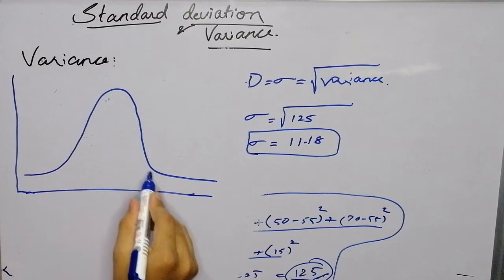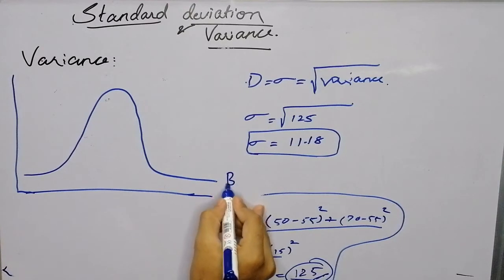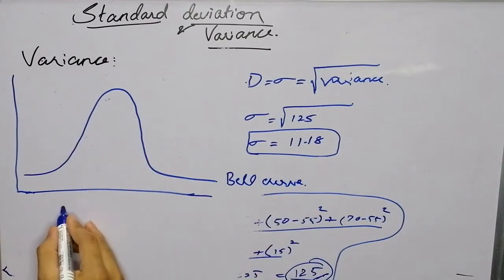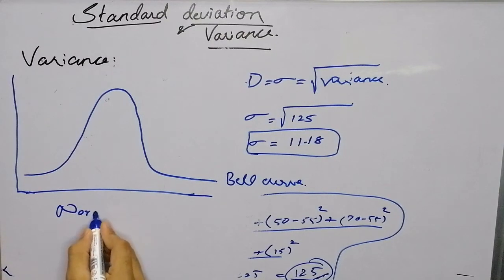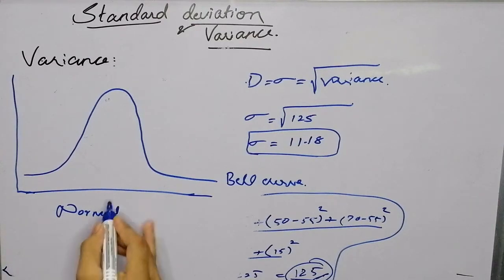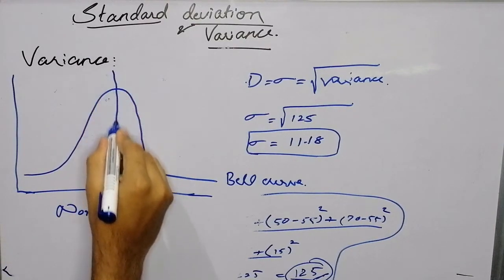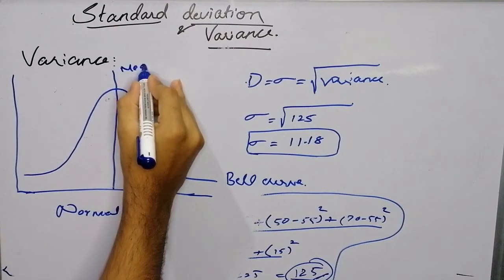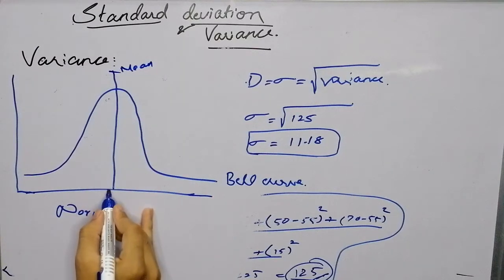This is also called a bell curve. This is how normally distributed data looks. So how can we say if the data is normally distributed? Let us say this is the mean, the line which I just drew.